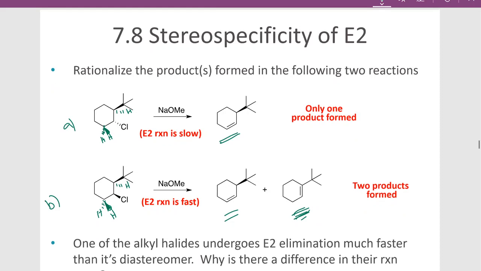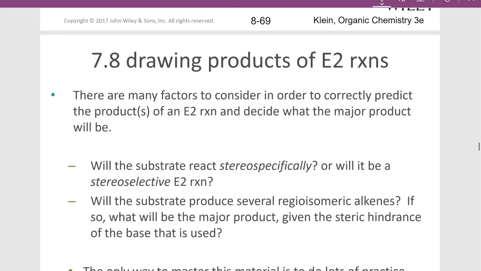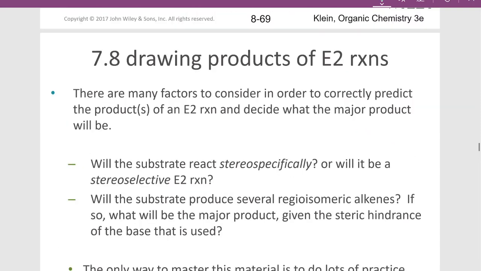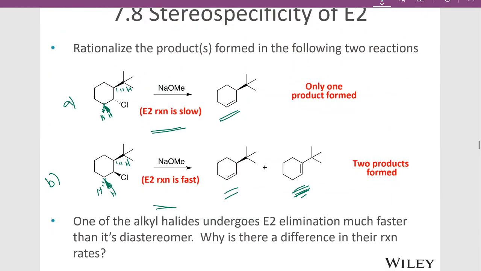So this one on the top, it says this rate is slow, and on the bottom it says this rate is fast. Let's think about why that would be. It's because remember that T-butyl group is going to want to be equatorial.